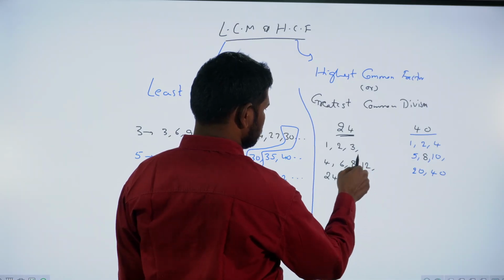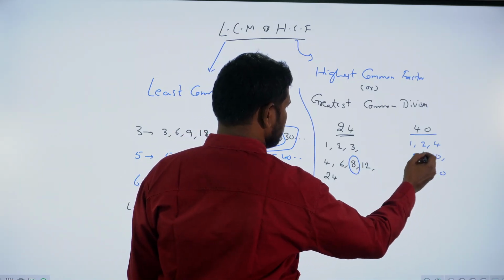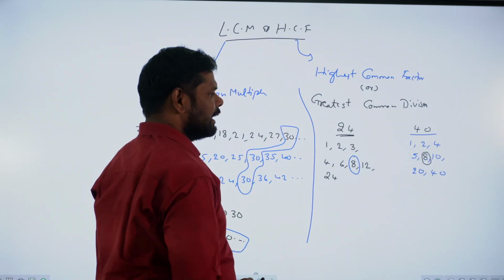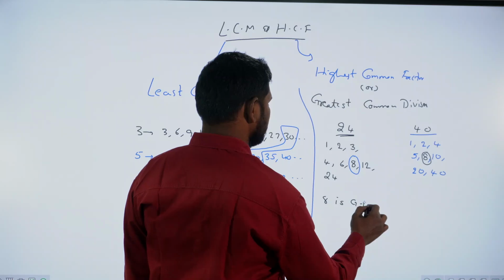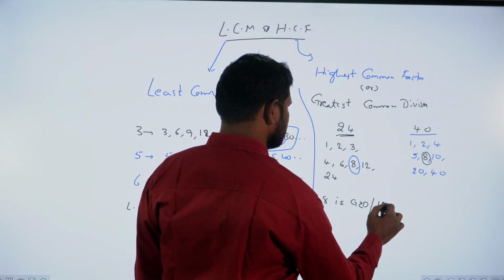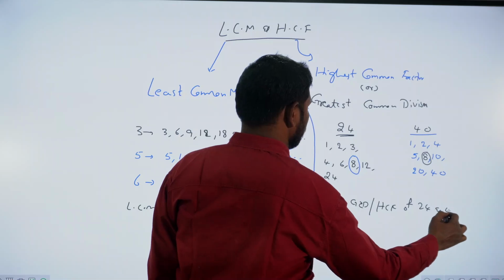Just observe here, 8, here also 8. So 8 is the GCD or HCF of 24 and 40.